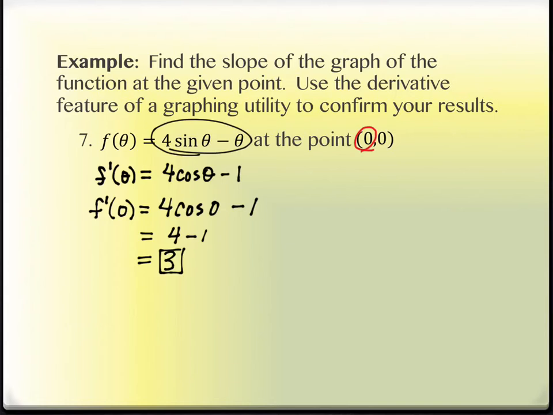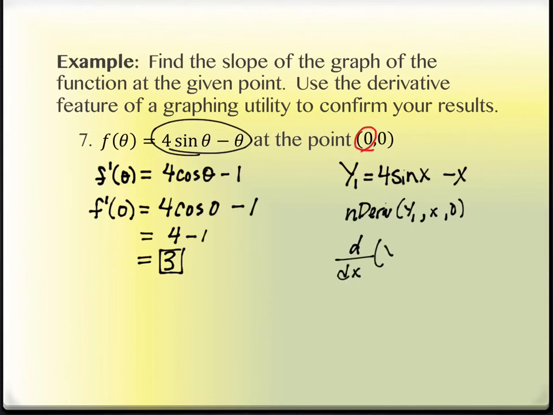Yours will show up as x's. It'll say 4 sine x minus x on your screen. That's fine. So over in y1, yours will actually say 4 sine x minus x, and then you'll have the nDeriv notation.